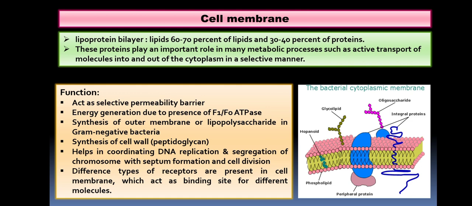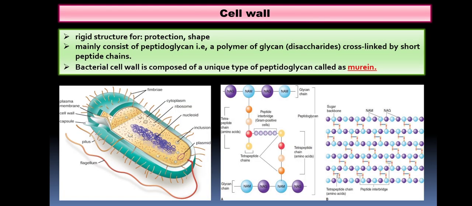In plant or animal cells also, cell membrane proteins act as receptors, which are the binding sites for different antibiotics or foreign molecules. So now we have discussed the innermost layer next to the cytoplasm, the cytoplasmic membrane or cell membrane. The next one is the cell wall.